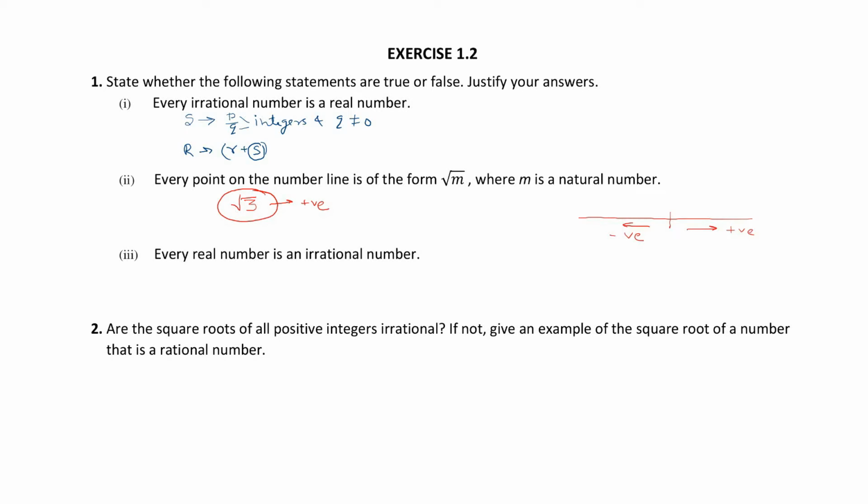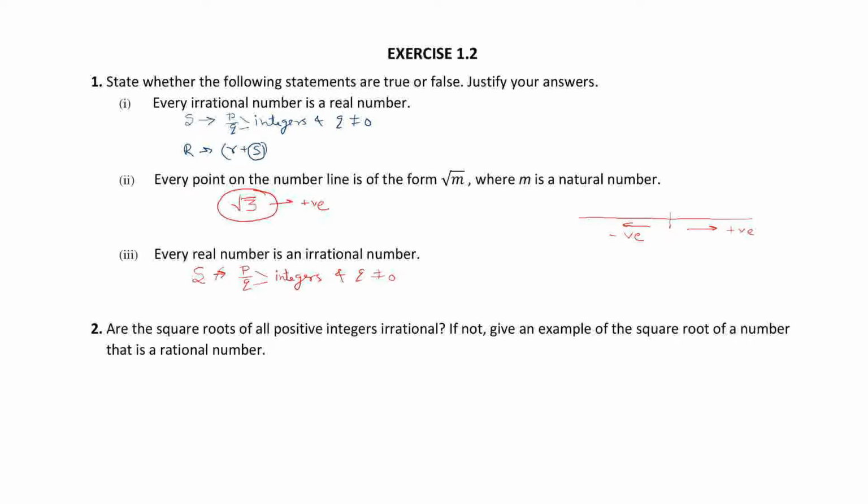The next one is: every real number is an irrational number. Again we will take the definition of irrational number. Any number can be an irrational number if it cannot be represented in the form of p by q, where p and q both are integers and q is not equal to 0.